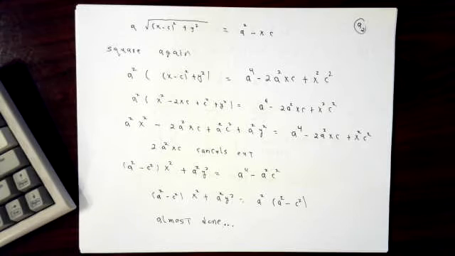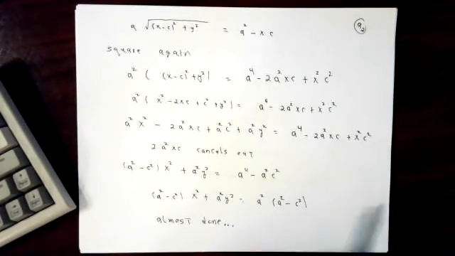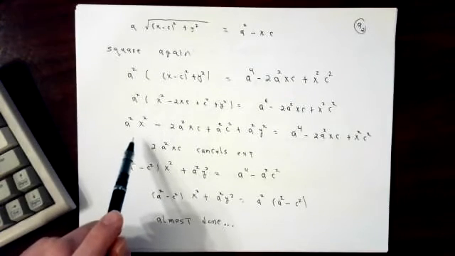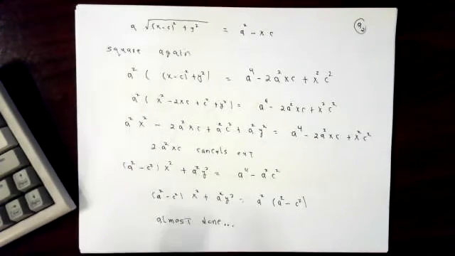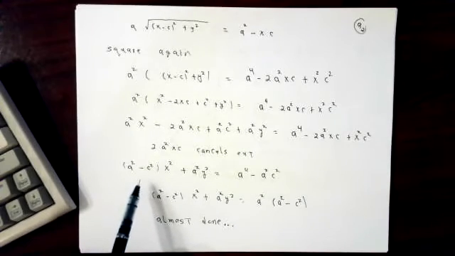If you'll add 2a squared xc to both sides, it goes away completely. Over here, I've got an x squared term, but it's got a coefficient of c squared on it. I'm going to subtract that away to put it with the term on the right. Here, I had a squared x squared, and I'll have minus x squared c squared. So we will have a squared minus c squared x squared.